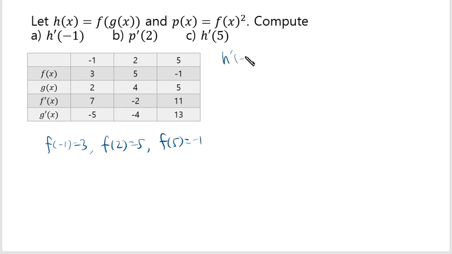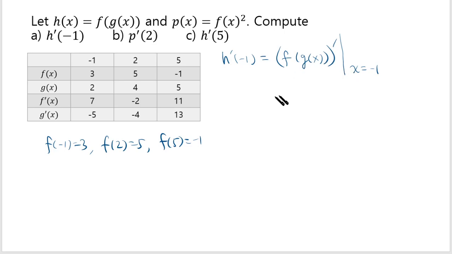H prime of -1 is, well, h is f of g of x, right? So we differentiate this, and after differentiating, you have to plug in x equal to -1. I like this symbol, which means you calculate the derivative first, and then you plug in whatever is here.